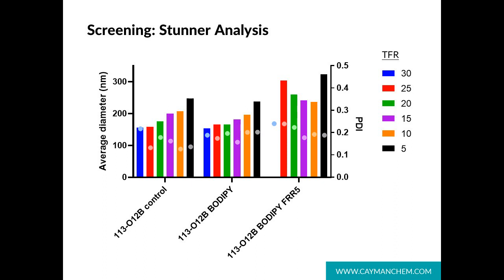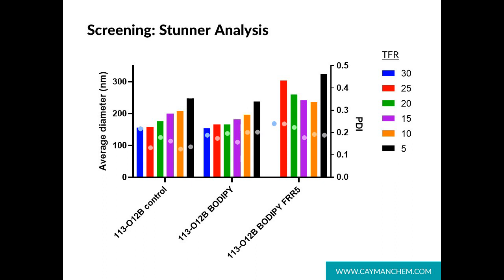You can see that this ionizable lipid made substantially larger particles on average than the others tested in this screening set, but the PDIs were still found to be clustered around 0.2. So, in a relatively short period of time, using Nunchuck and Stunner, we were able to generate and perform initial analysis on nearly 80 LNP formulations, with varying flow rates, flow rate ratios, and multiple ionizable lipids.